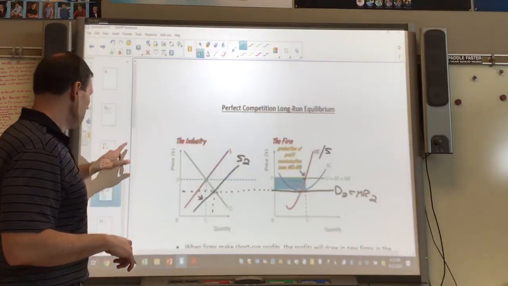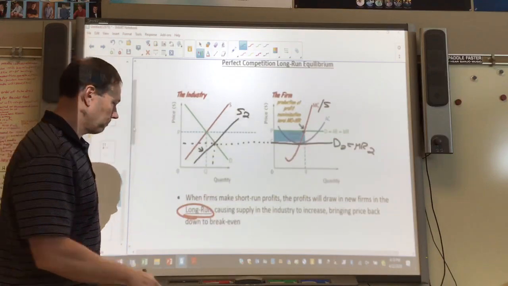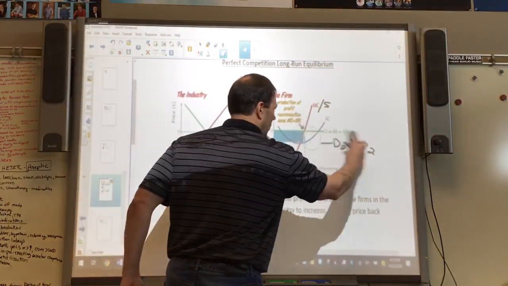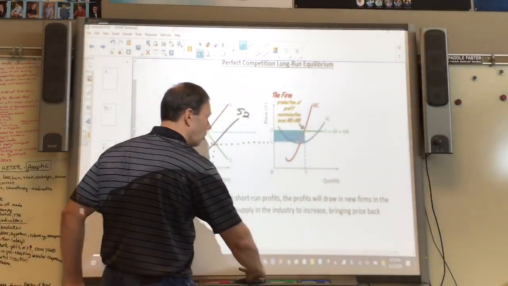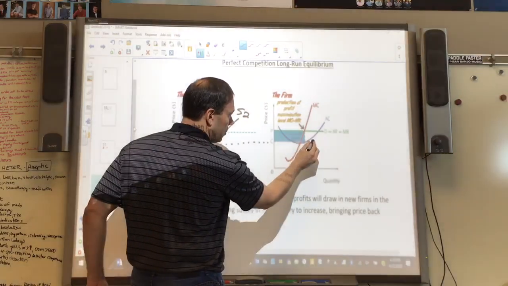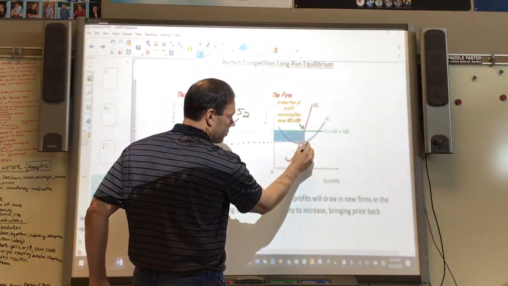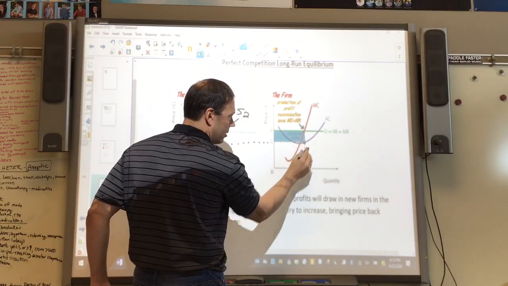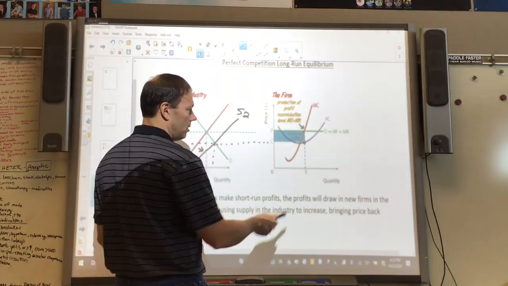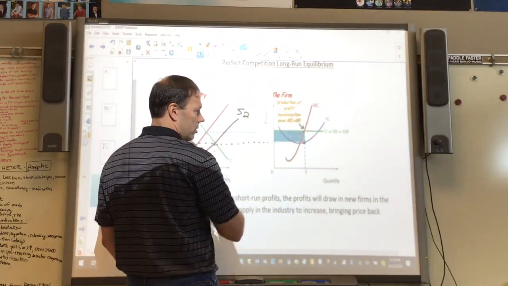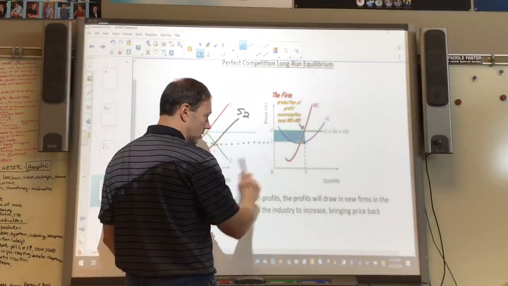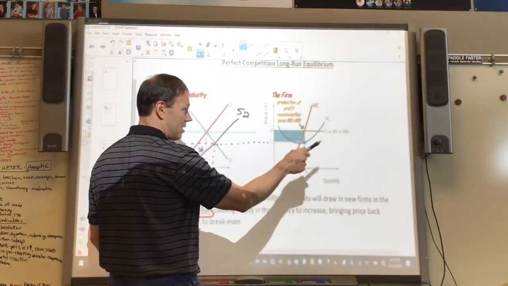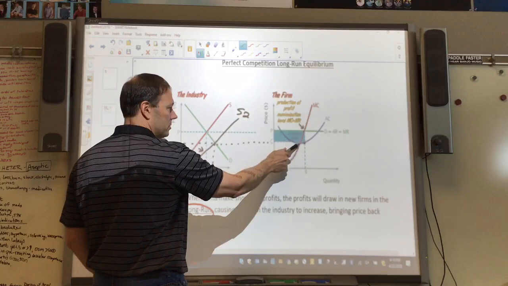Okay, but if you notice in the short run, okay, let me get rid of this here real quick. In the short run, they are producing where MR equals MC, which is right here on the ATC curve. Now, is that the lowest point of ATC? No, it is not. You can kind of see that, but you also know it's not the lowest point because that's not where MC intersects it.